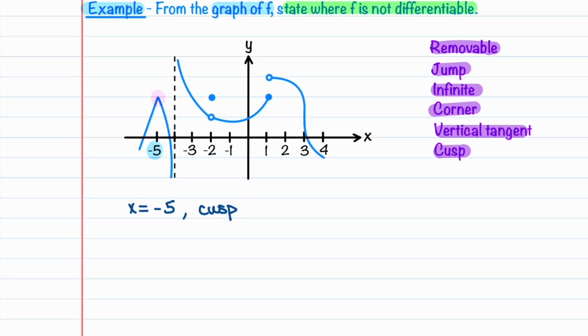Let's now look at x is equal to -4. At that point, we have an infinite discontinuity. So our function is not continuous, and that means that our function is not differentiable. So let's write down x is equal to -4. We have an infinite discontinuity.